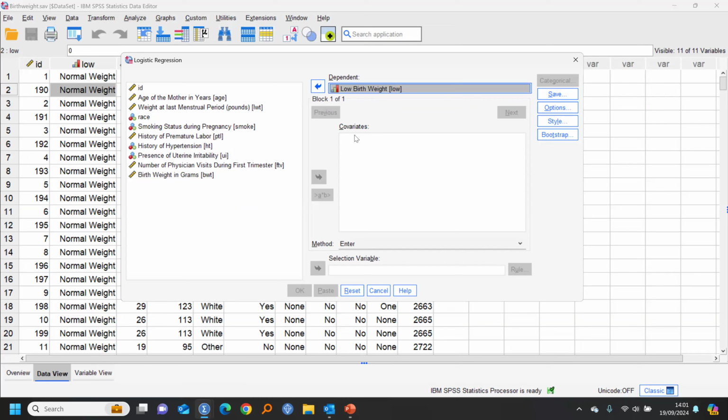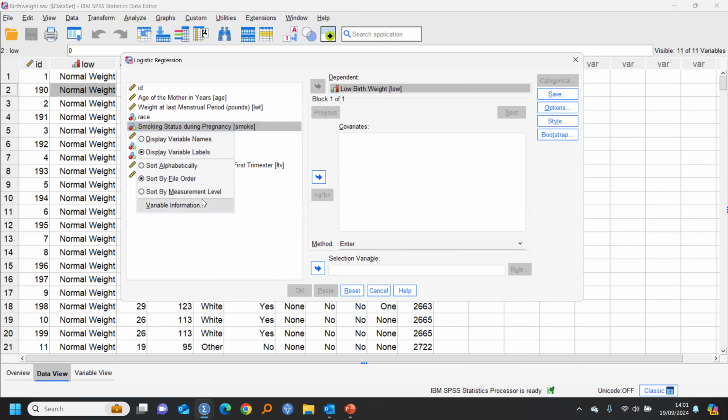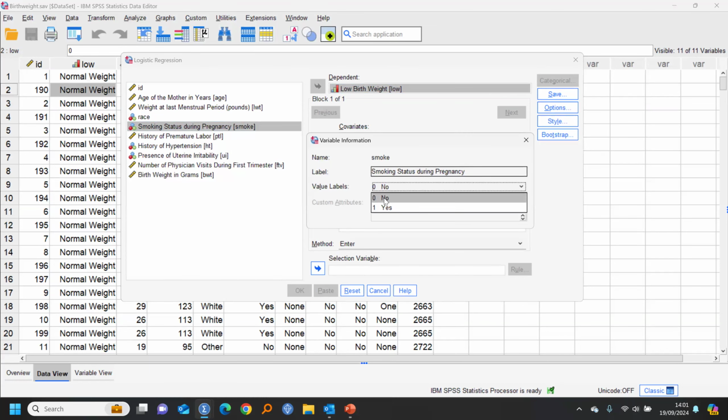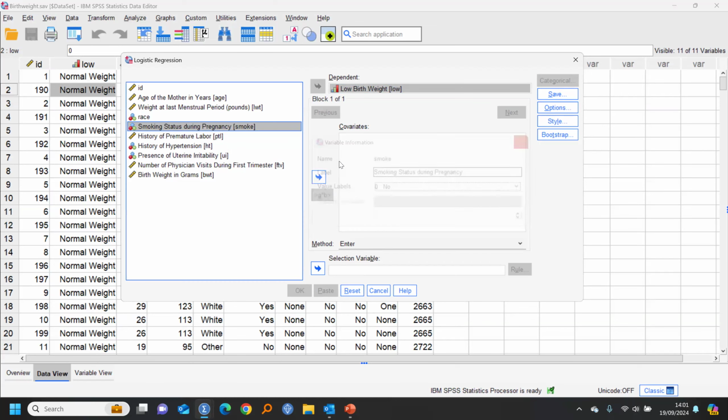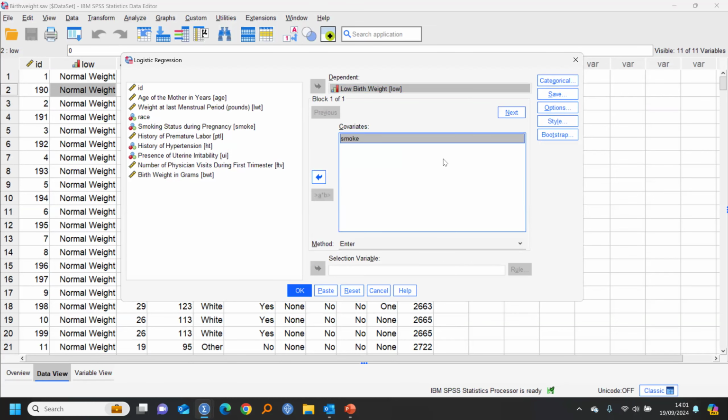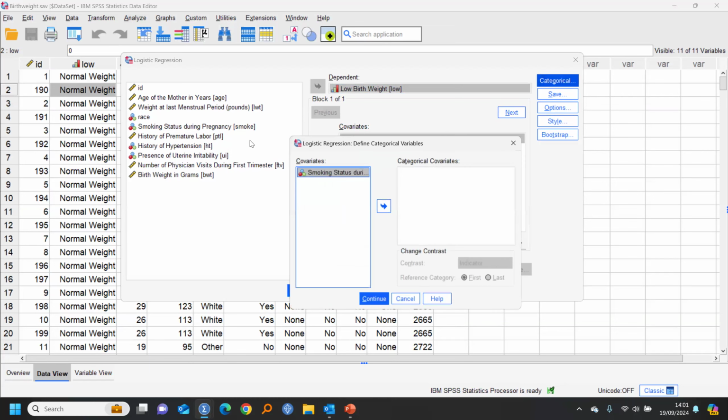And if I use something like smoking status here, I just want to point this out, you can see it's coded as 0 and 1. But it turns out this is technically a category variable, and what we would normally do is identify it as category. You say this is a category variable.